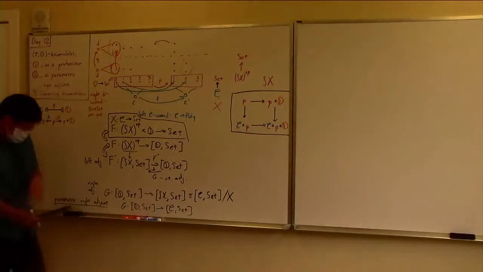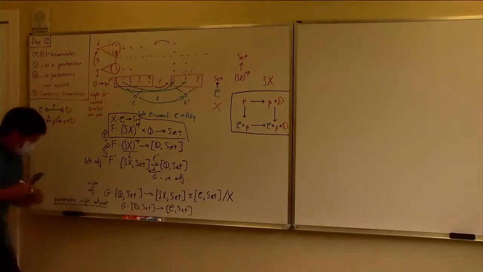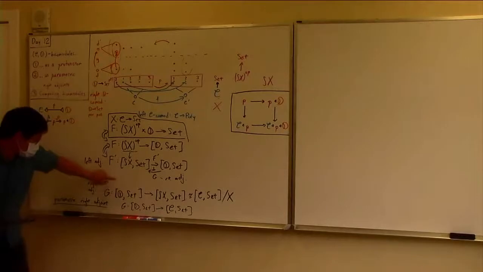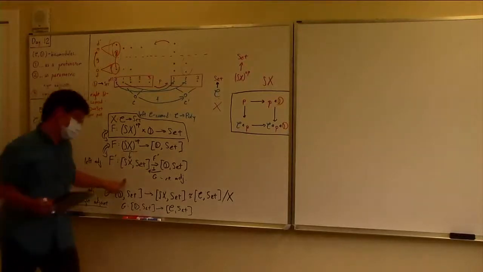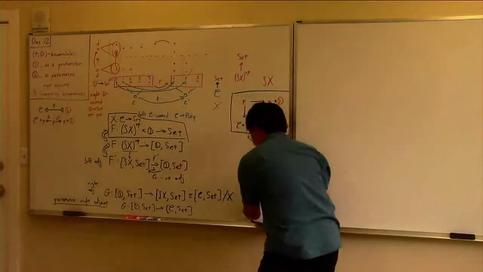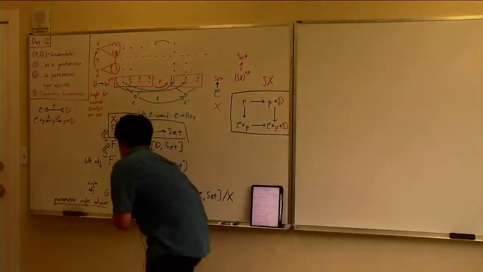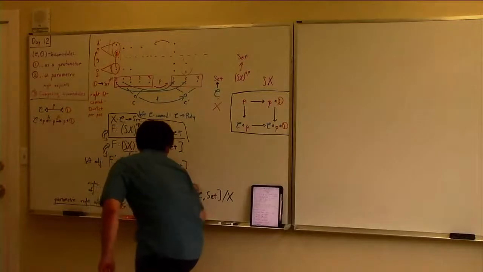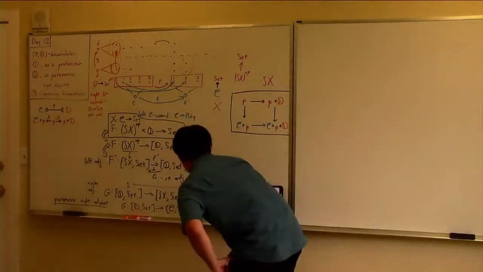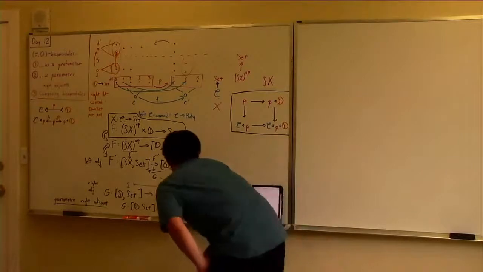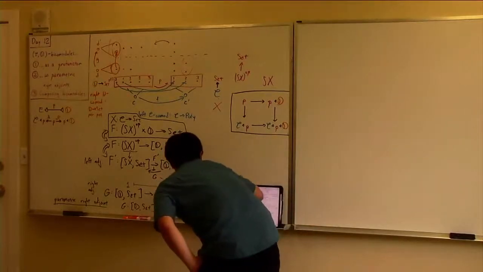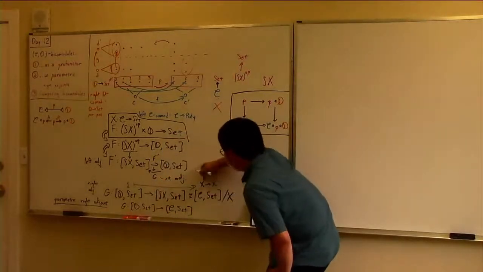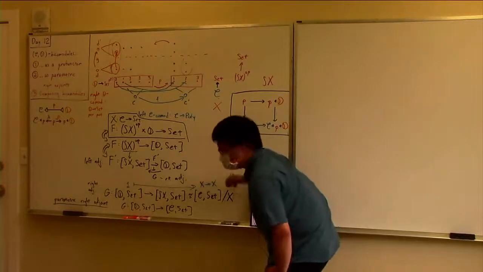Now, what's this doing? Well, let's look up here. Since this is a right adjoint, it's going to preserve limits. So for example, it's going to send the constant functor 1, which is the terminal object here, to the terminal object here, which is actually, since everything is equipped with a natural transformation into X, just going to be X equipped with the identity natural transformation.